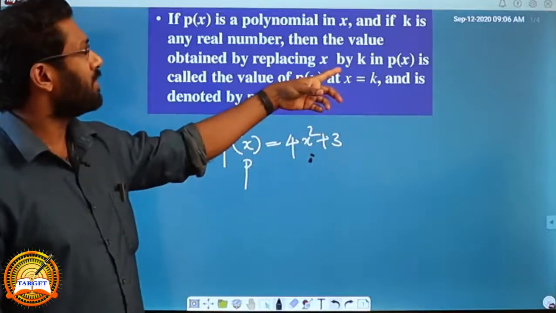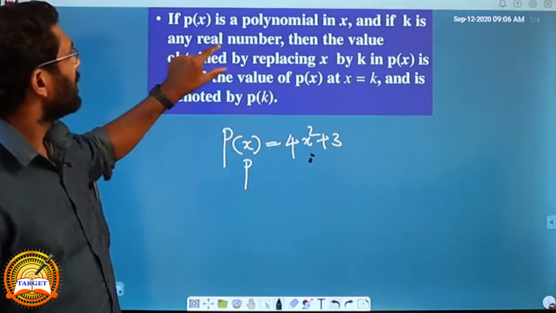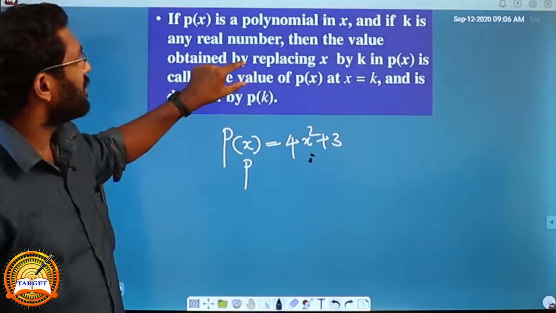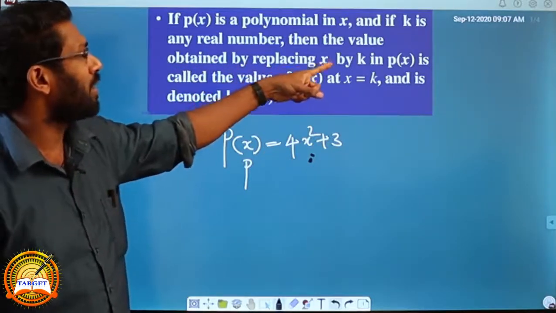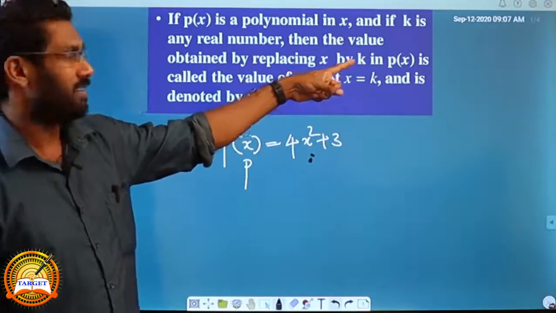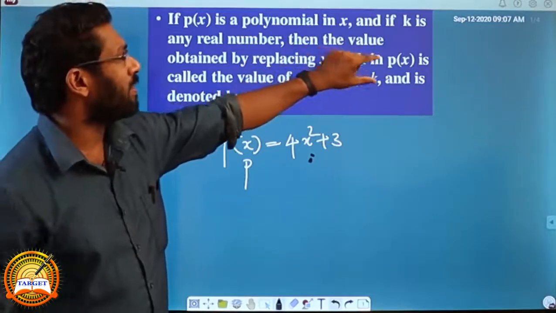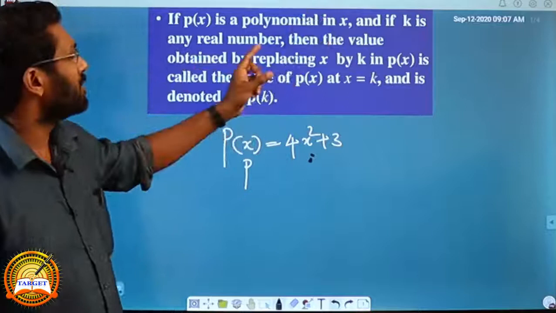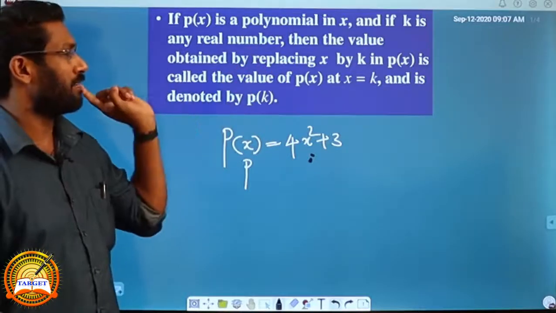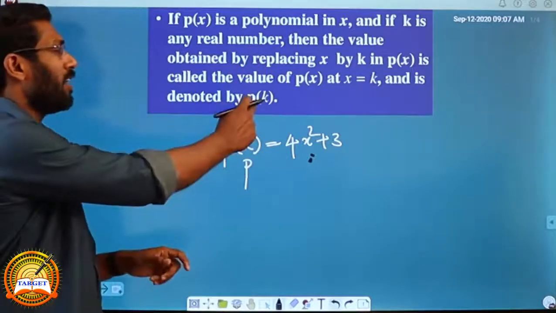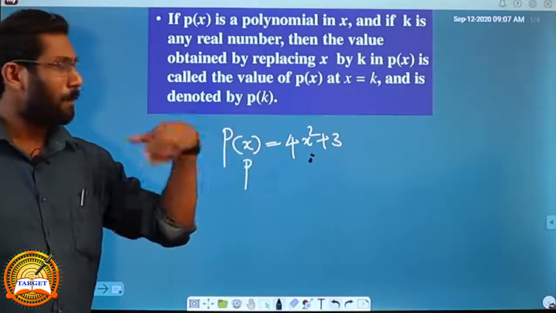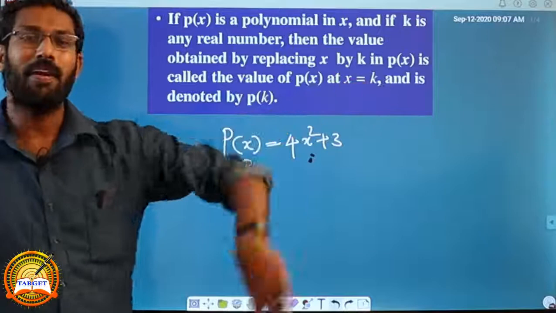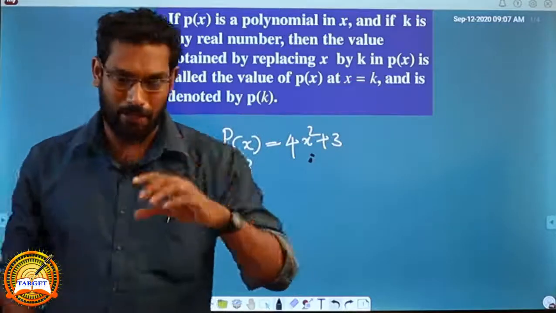If we replace the variable x by a constant k, we will get the value of the polynomial, denoted as p of k.